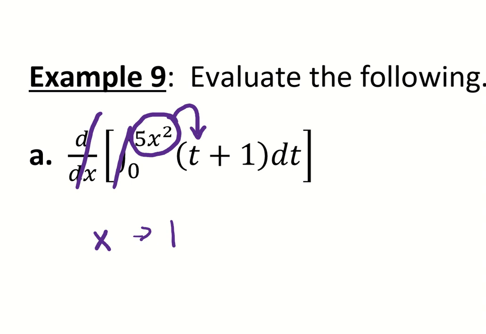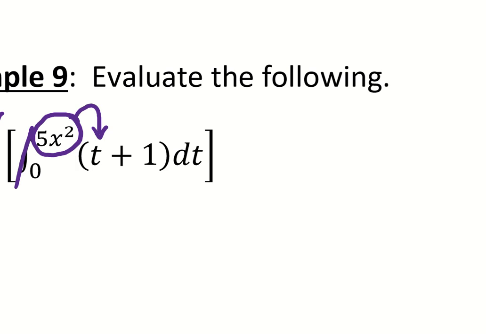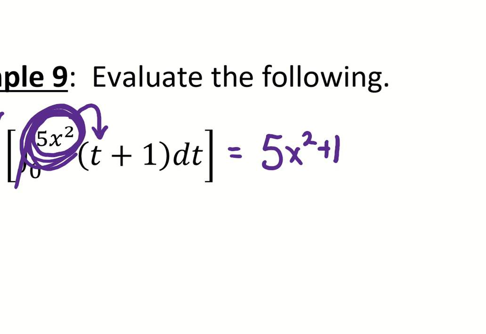But this is going to be a little bit different because this function has a more complicated derivative. So we're still going to write this function. We're going to replace t. So we're going to do 5x squared plus 1. But now we're going to multiply by the derivative of this function as well. So this is a chain rule situation. It's just appearing in a different way. So what's the derivative of this?